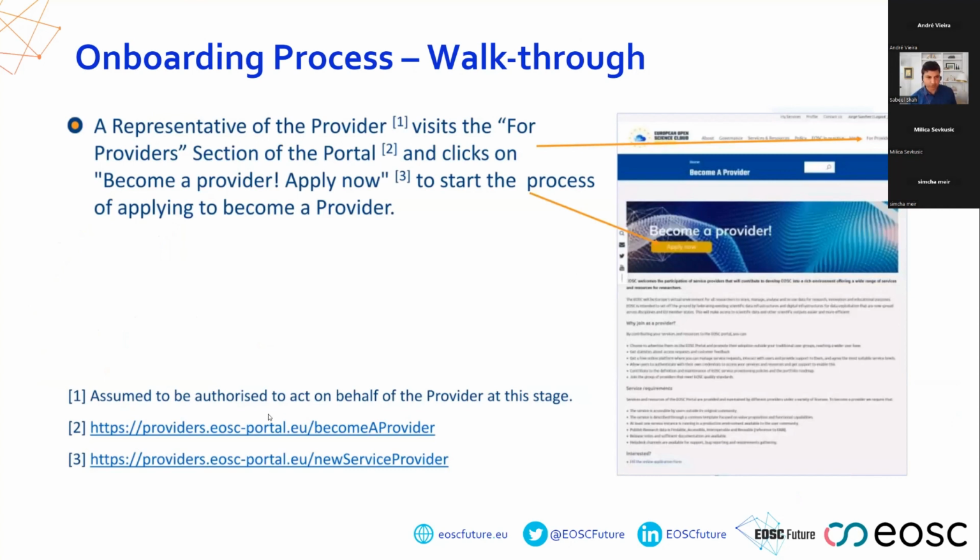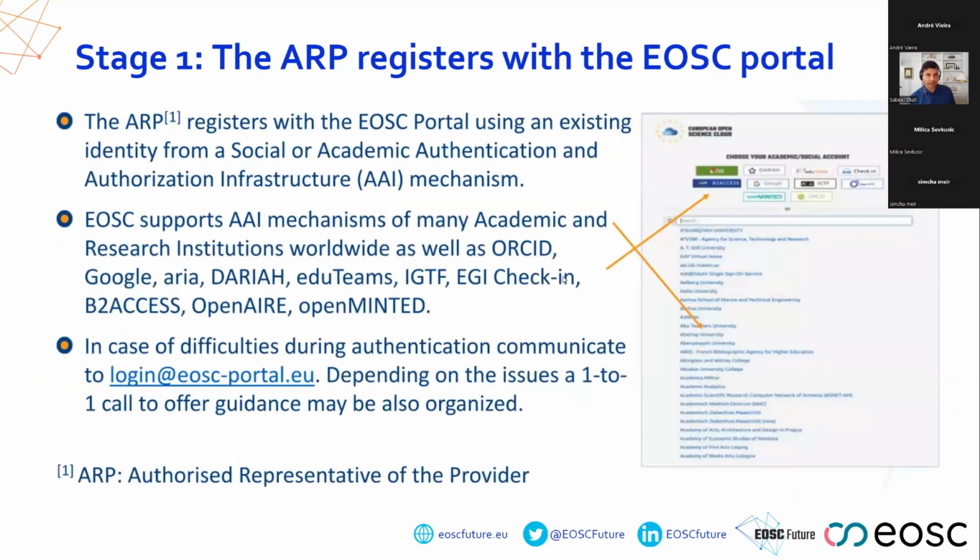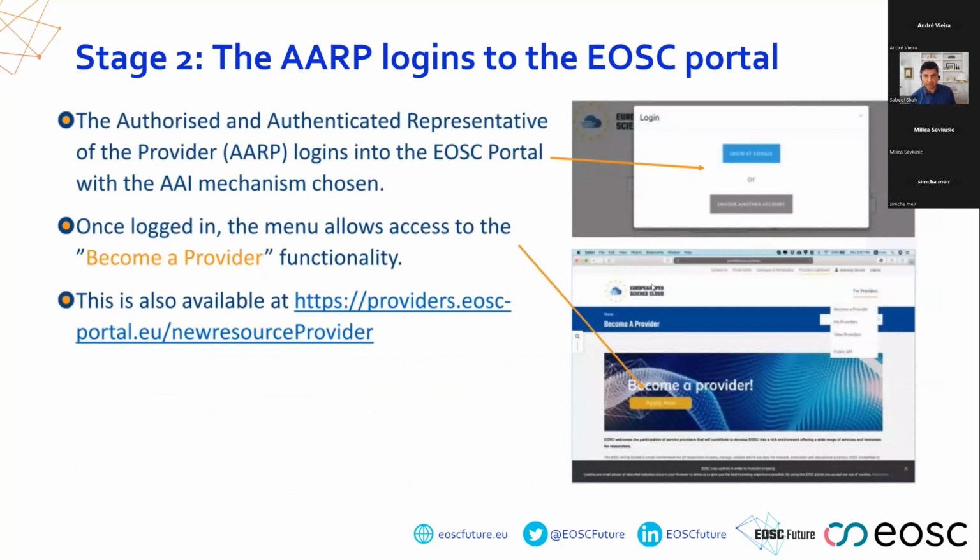We visit this page for becoming a provider and click on the Apply Now button, and using AAI we can choose our institute if it's in the list. Otherwise, there are other options available to get access. In the next step, we log in, and now the button to apply to become a provider is available to us.